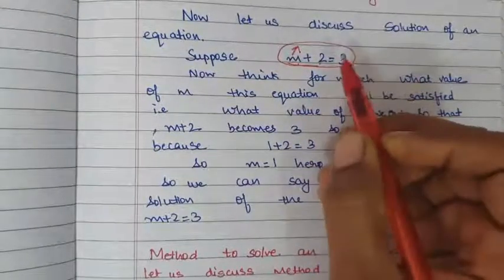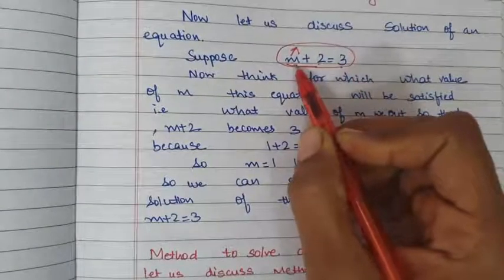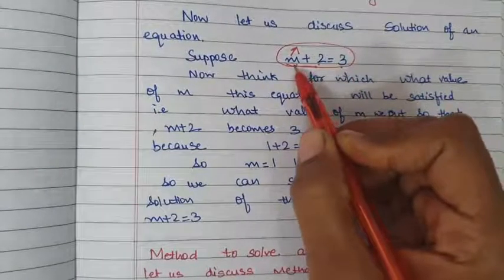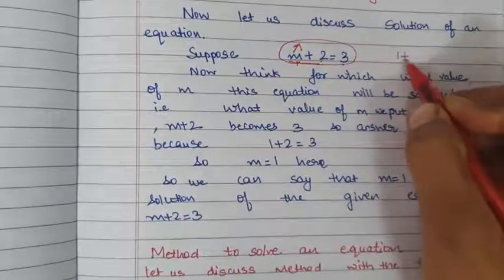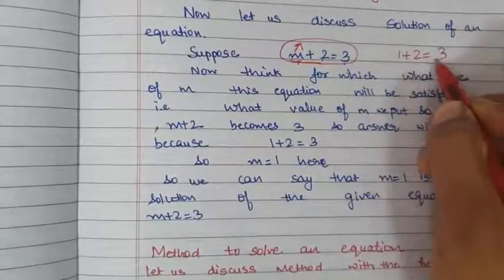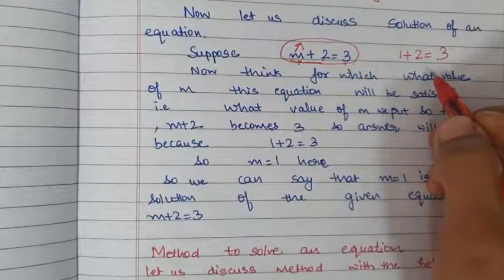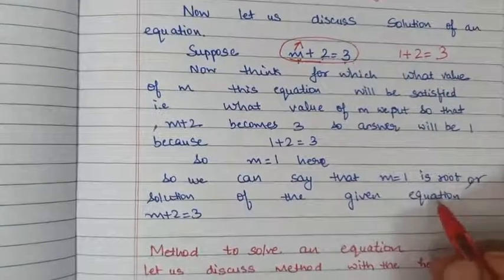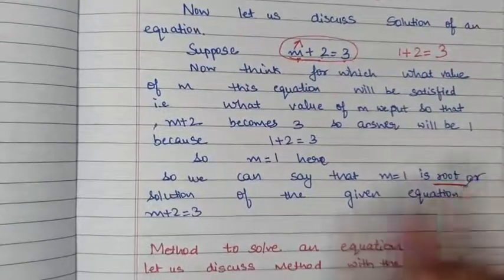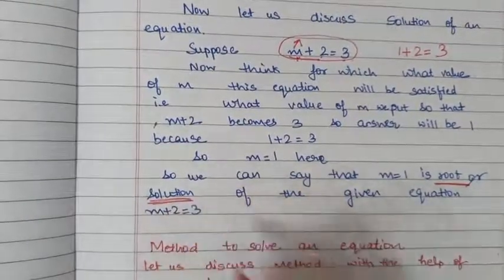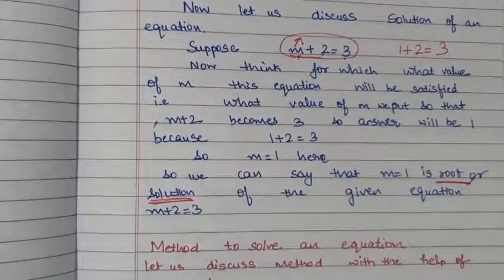No. Only if you take m is equal to 1, then 1 plus 2 will give you 3. So whatever value we are finding, that value is called the root or the solution of the given equation.